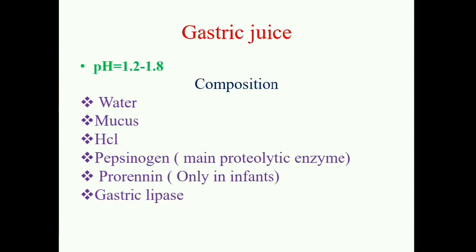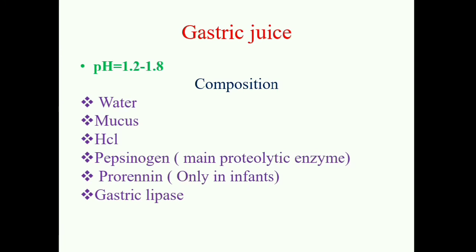If I say its pH is highly acidic, about 1.2 to 1.8, and regarding its composition, it has water, mucus, hydrochloric acid and inactive enzymes pepsinogen and prorenin. There is one more enzyme present in very small amount in gastric juice.